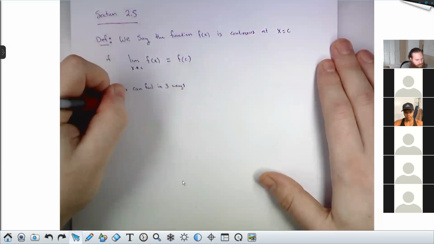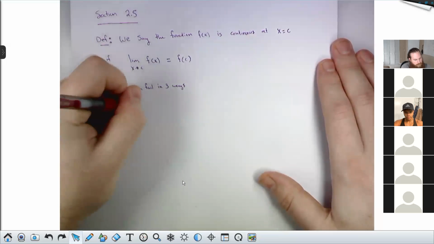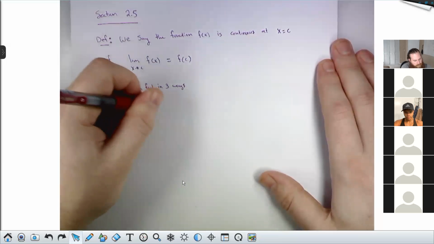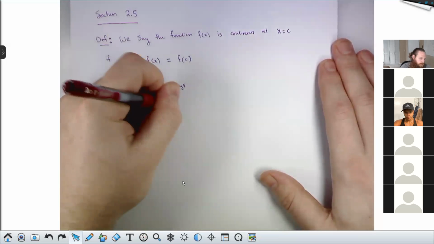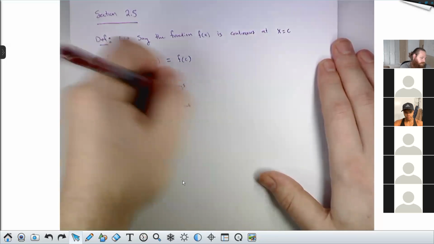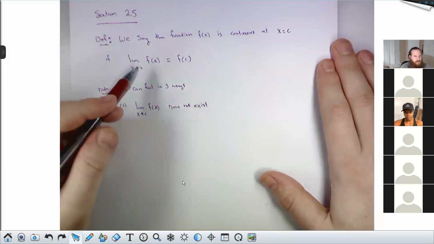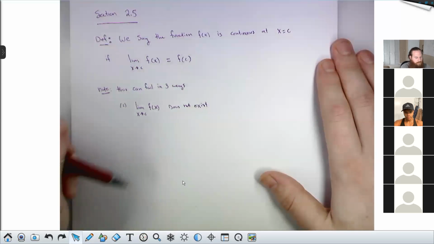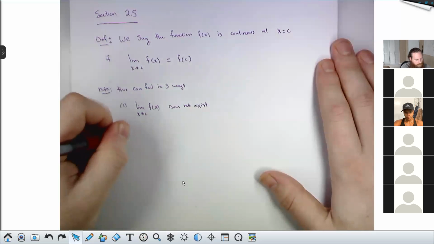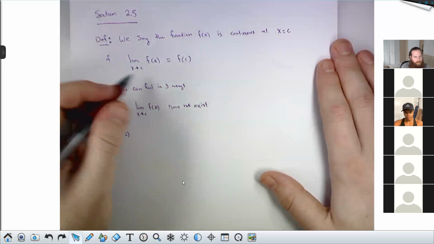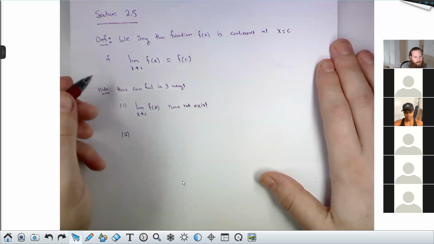It's possible that the limit as x approaches c of f of x does not exist. If something does not exist, I can't say it's equal to something else. Remember, this limit can fail to exist by having the left and right limits being separate from one another.